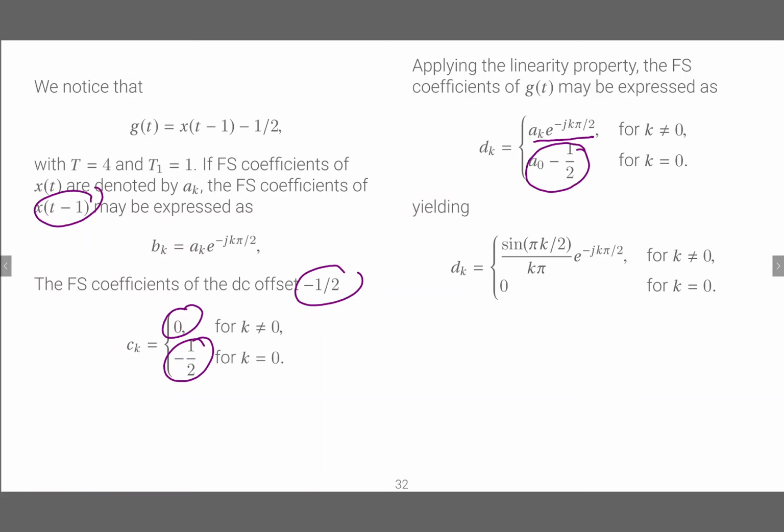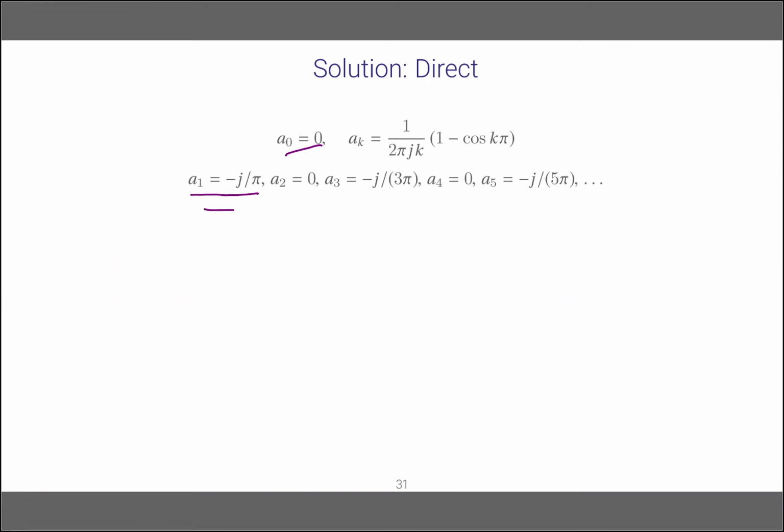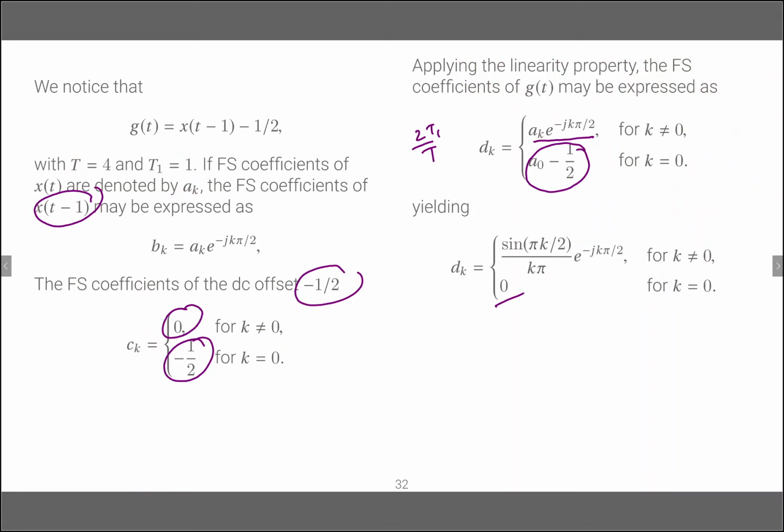If you take a naught here, it's actually 2t1 divided by t for xt, so it is actually half, so this cancels off and you get 0. Okay, so that is the solution. If you want to be convinced, you can put values for k's and find out that they are actually equal to this, which I will not do.